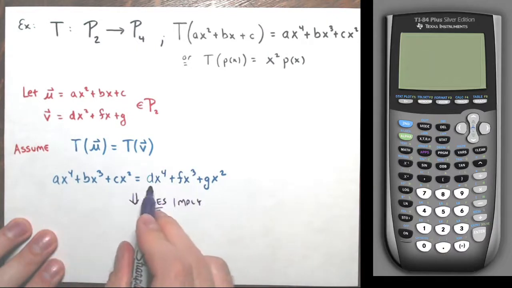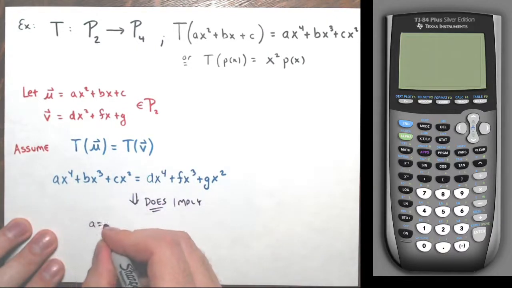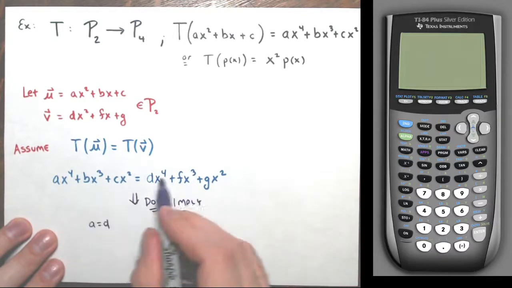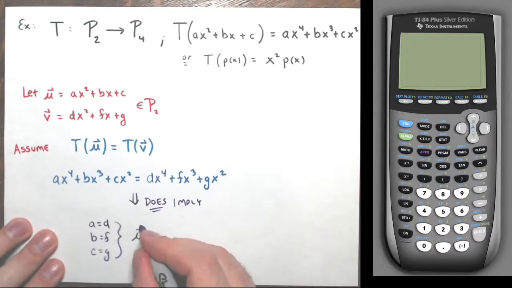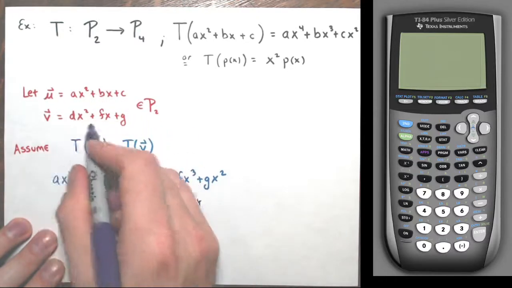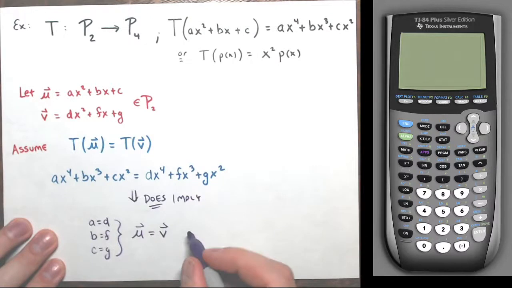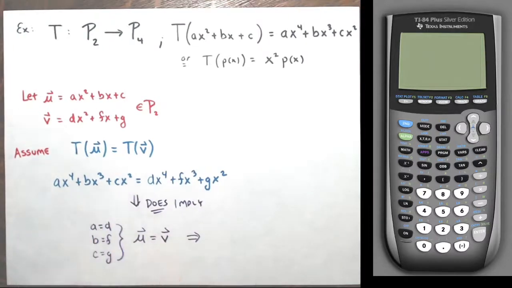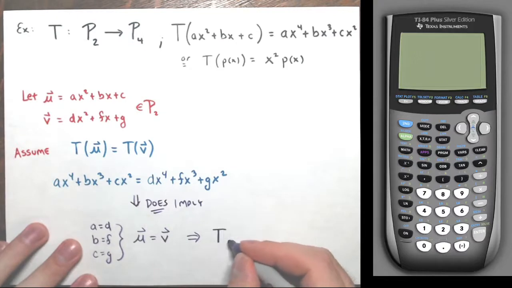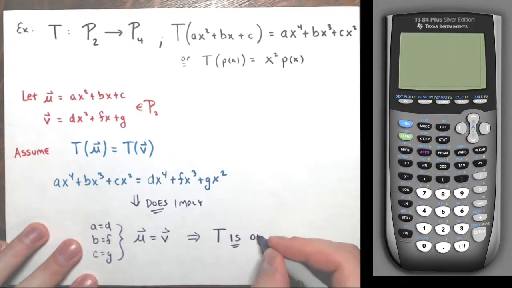If these are equal, the coefficients of the x to the fourths must be equal. The x cubed coefficients must be equal, so b must be equal to f. And the coefficients of x squared must be equal, so c equals g. And putting these together, that tells me that the polynomial for u must be equal to the polynomial for v. So this is telling me that there aren't two different inputs that give me the same output. This is a 1-to-1 function. T is 1-to-1.